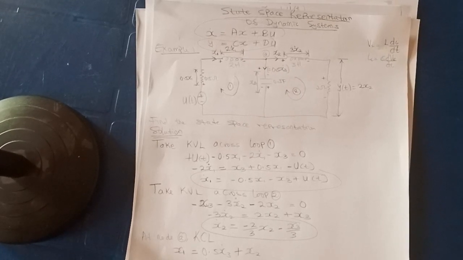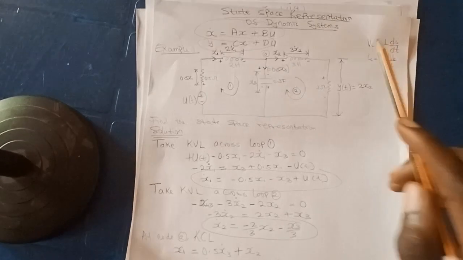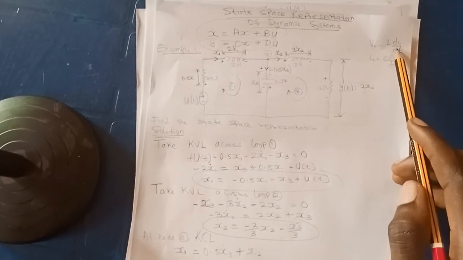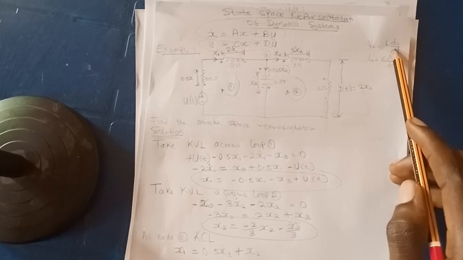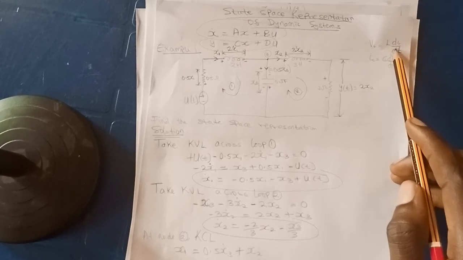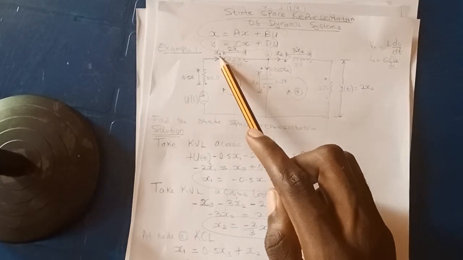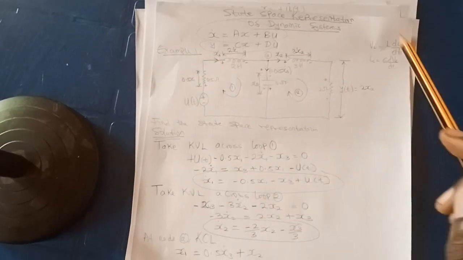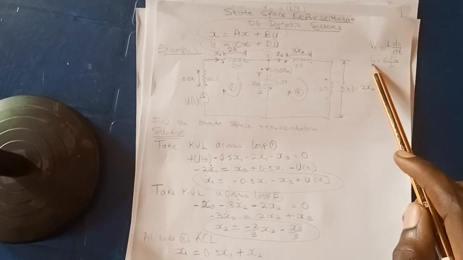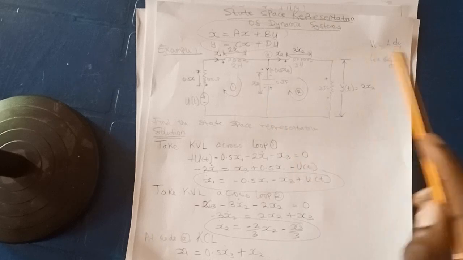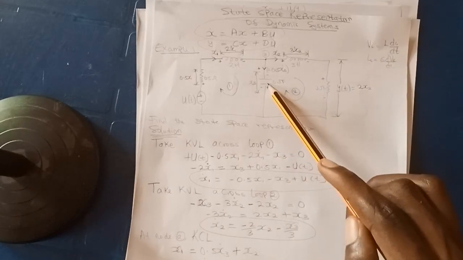Because the voltage across an inductor has the derivative of the current present, it is natural for us to choose the current flowing in that inductor to be a state space variable. The same applies for the capacitor: it's natural for us to choose a state space variable to represent the voltage across the capacitor.